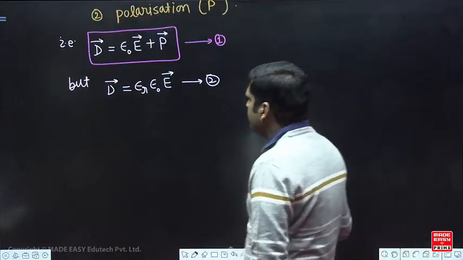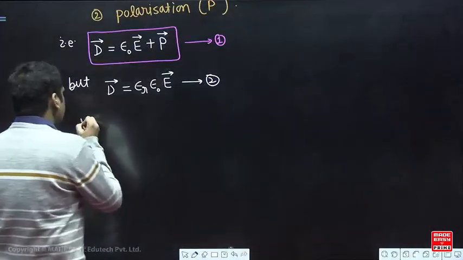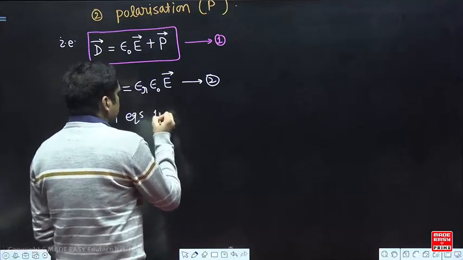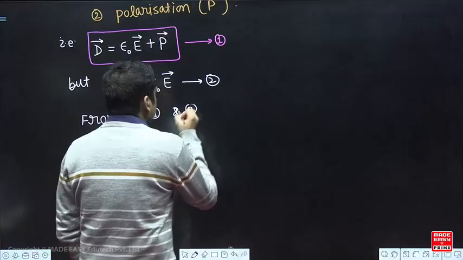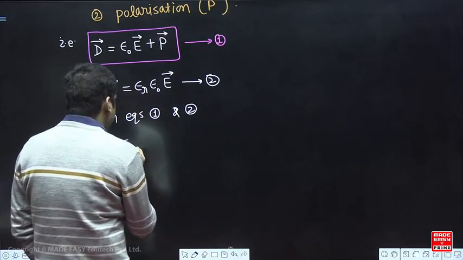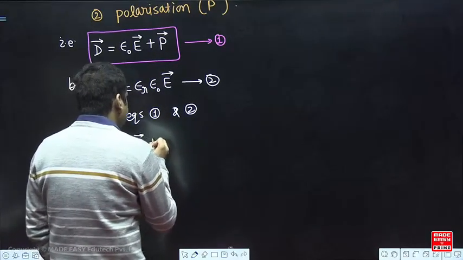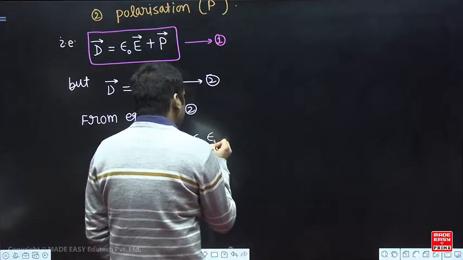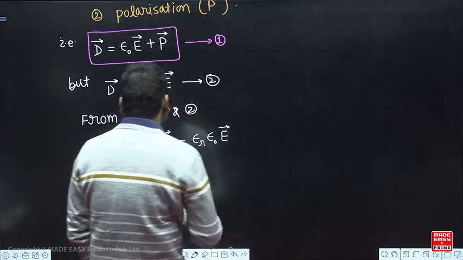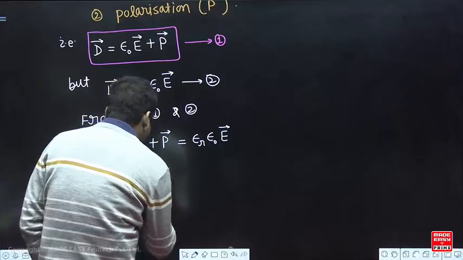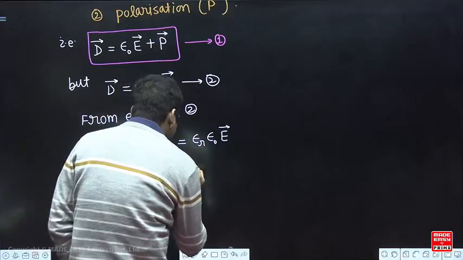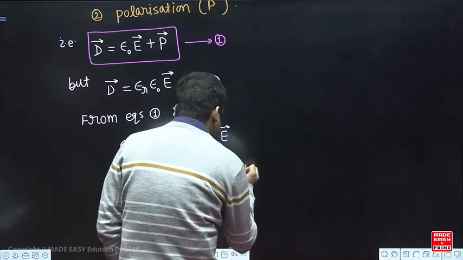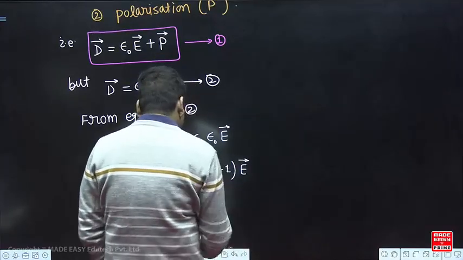So from equations 1 and 2, they are giving the same relationship. This is epsilon naught E plus capital P is equal to epsilon r epsilon naught into E. So from this, capital P is equal to epsilon naught into epsilon r minus 1 into E.